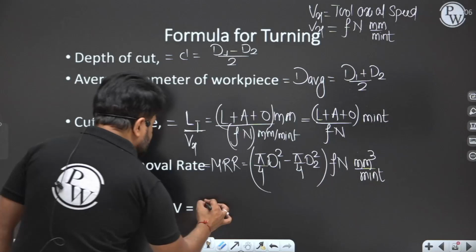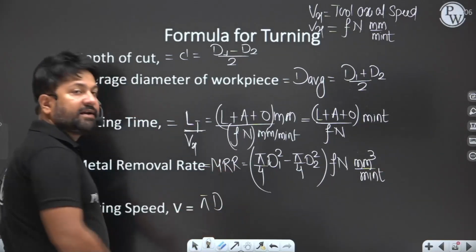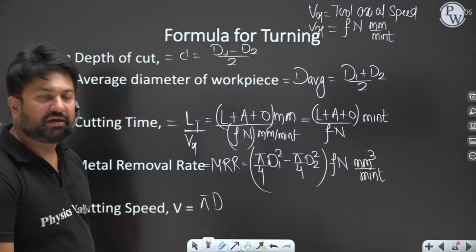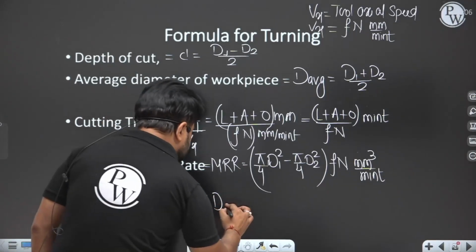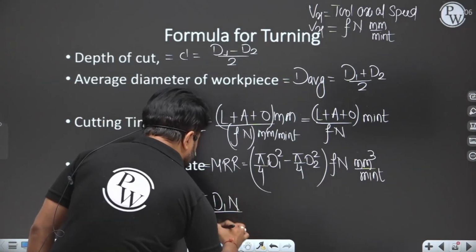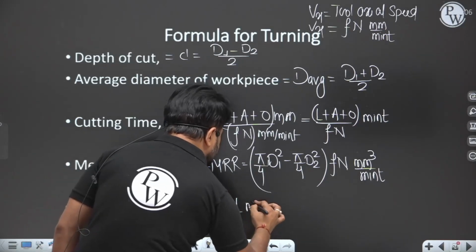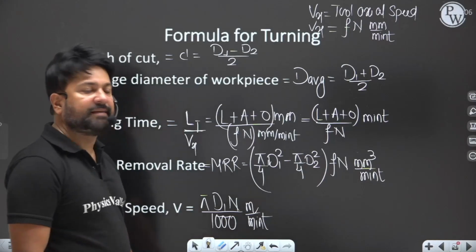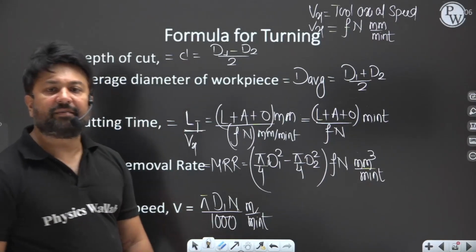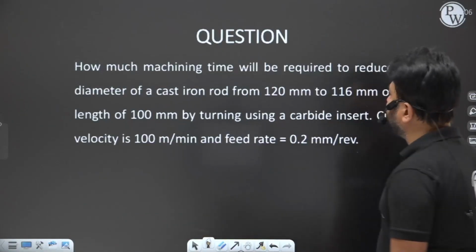Cutting velocity is pi into the diameter which you are going to machine, that is D1, into RPM, divided by 1000, in meters per minute, because if D is in mm, then divide by 1000.